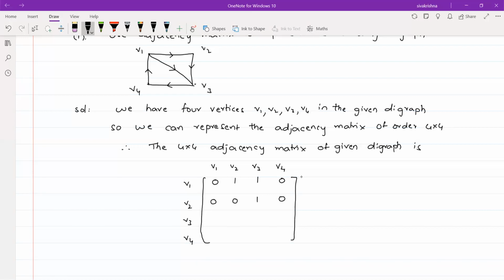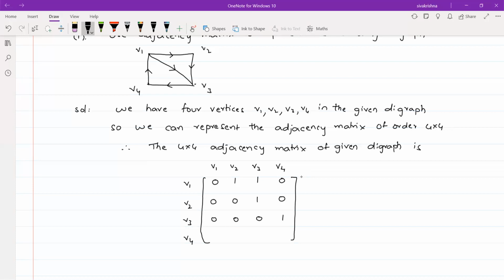Coming to the third row, from V3 to V1, we are not having an edge. We are having from V1 to V3, but we are not having from V3 to V1, so we have to write 0. V3 to V2 also we are not having, so we have to write 0. From V3 to V3, there are no self loops, so we have to write 0. From V3 to V4 we are having an edge, so we have to write 1.